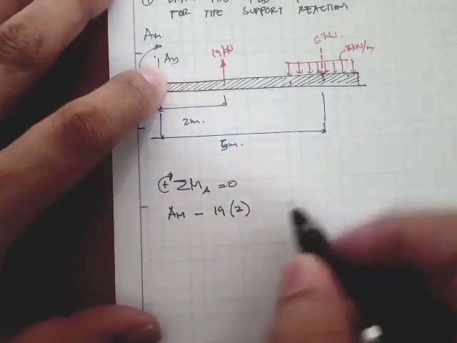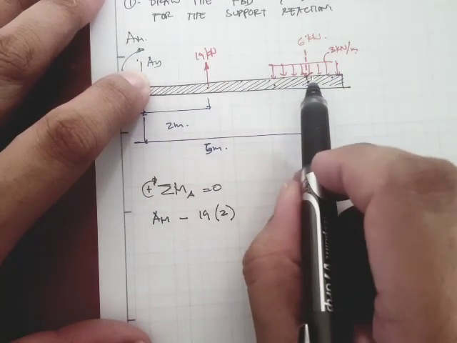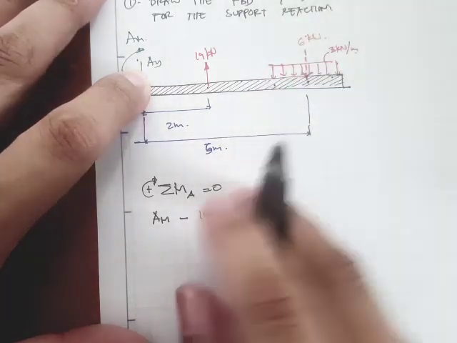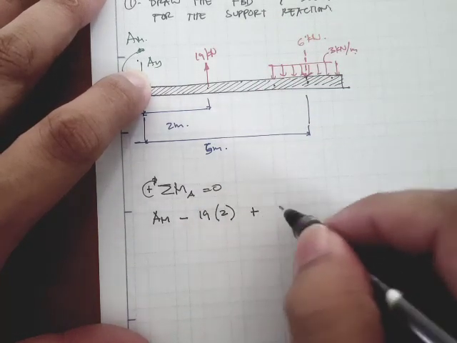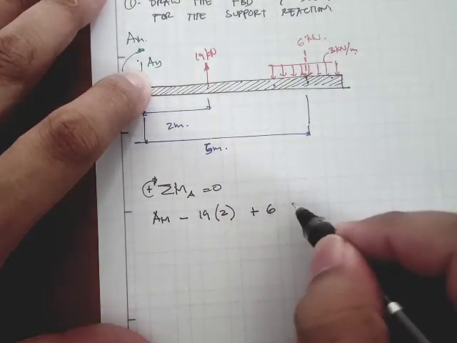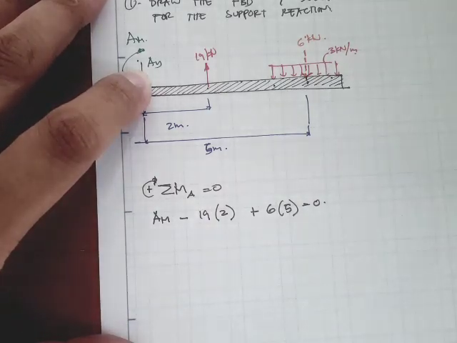Okay, so this is 19 times 2, and then the next is this force. This is producing a clockwise, so this is plus. The equivalent value, this is 6 times the moment arm of 5, is equal to 0.